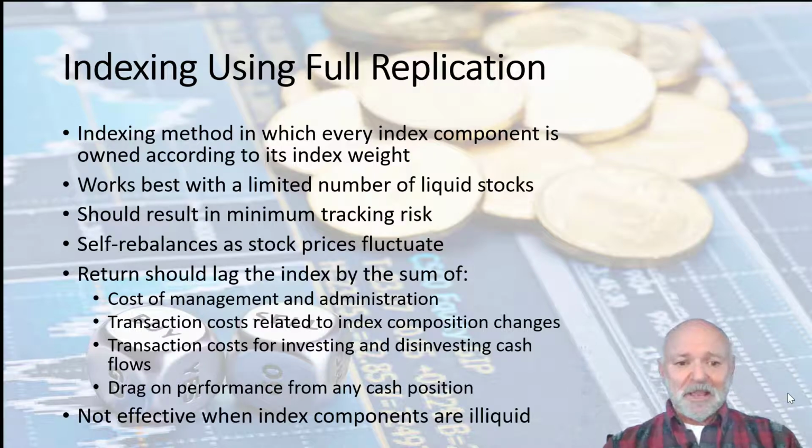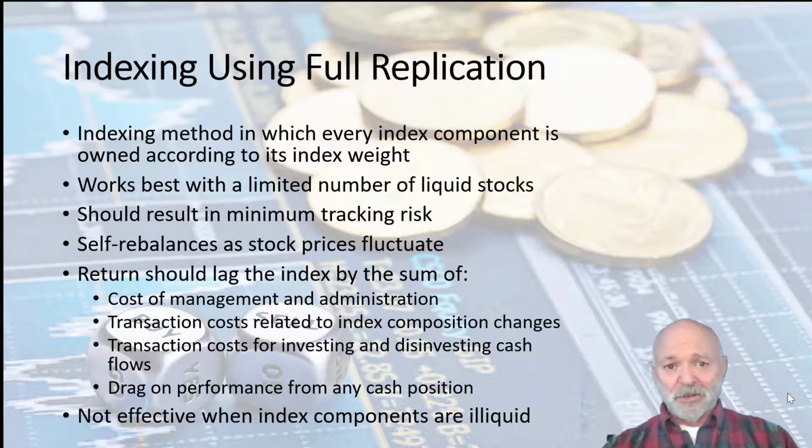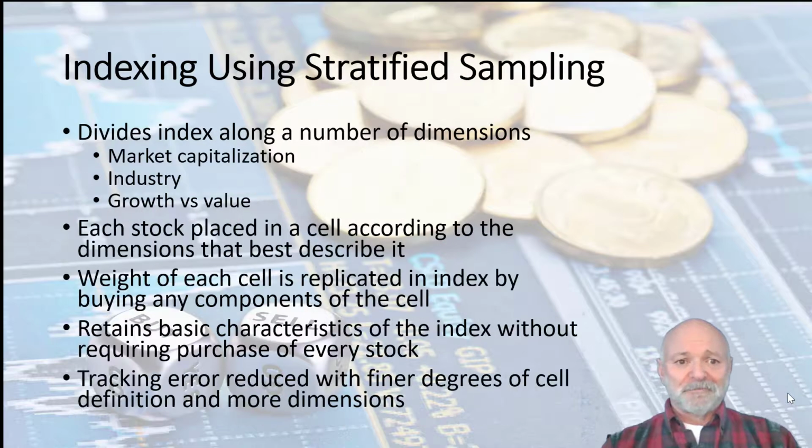And there should be a slight amount of tracking error because of management costs, administrative costs, difficulty with things like dividends that are paid out and have to be reinvested, which would create a drag on the portfolio because cash typically provides a lower rate of return. And of course, it wouldn't work if the assets were illiquid. Later on, we'll talk about things like real estate, which is a typical illiquid portfolio.